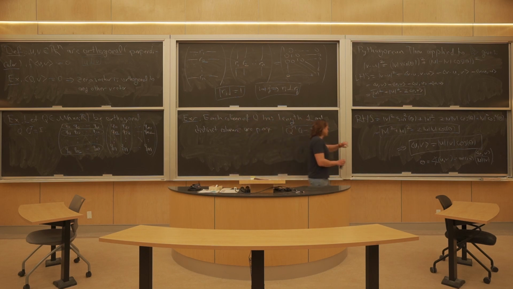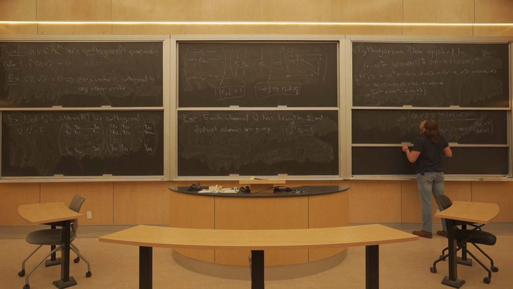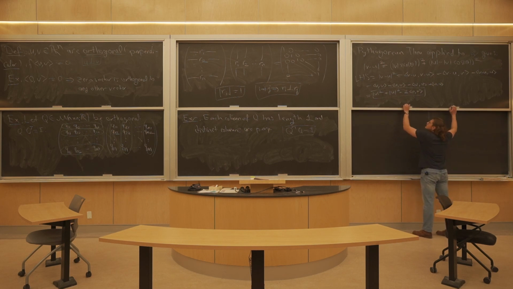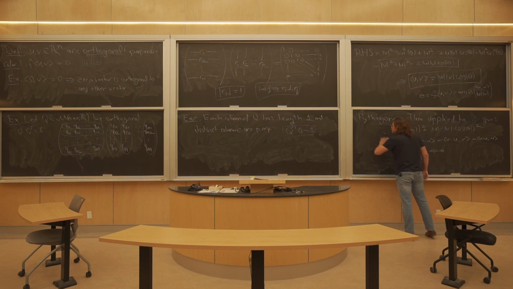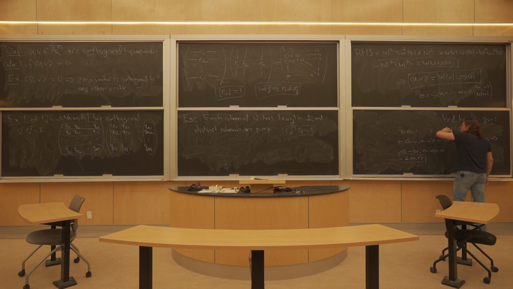Let me give you one more definition. We have some time. Given a subspace, I can look at its so-called orthogonal complement, which also turns out to be a subspace. Here's a definition.